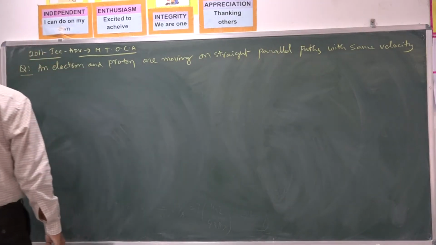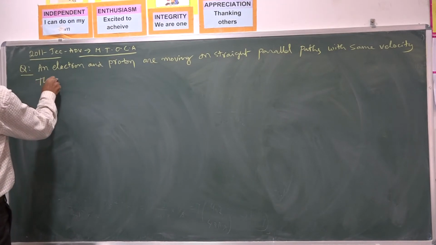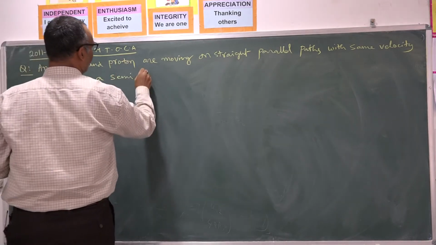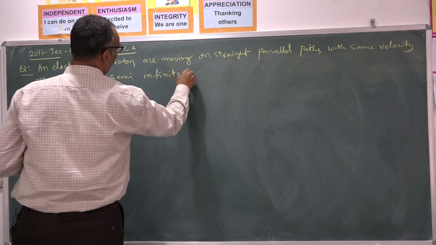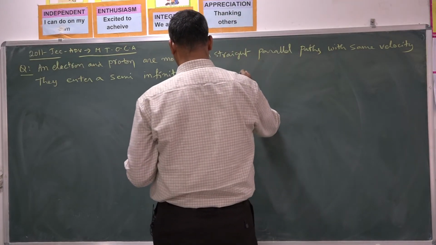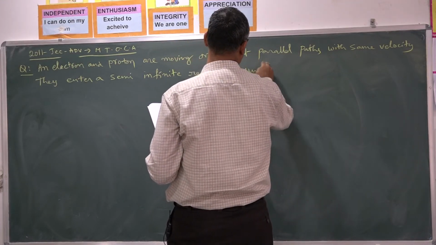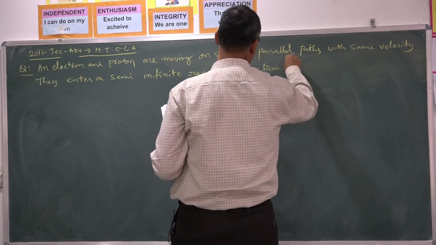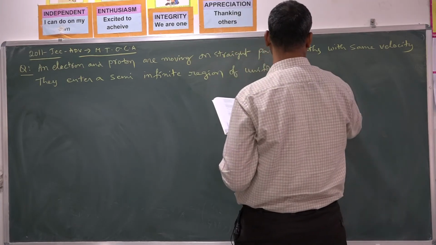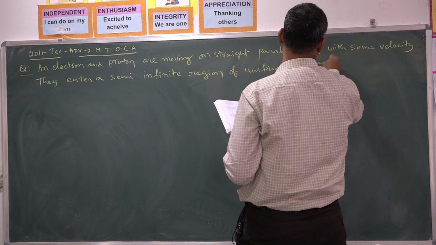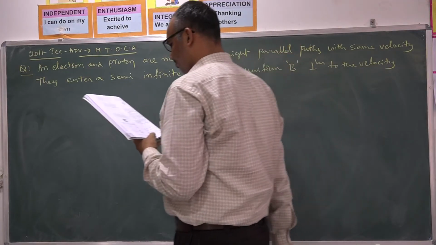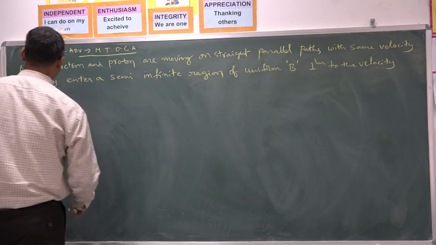They enter a semi-infinite region of uniform magnetic field B perpendicular to the velocity.